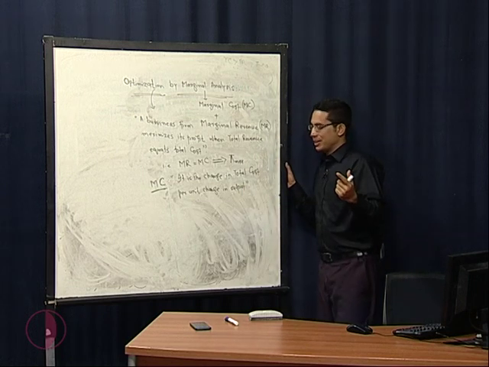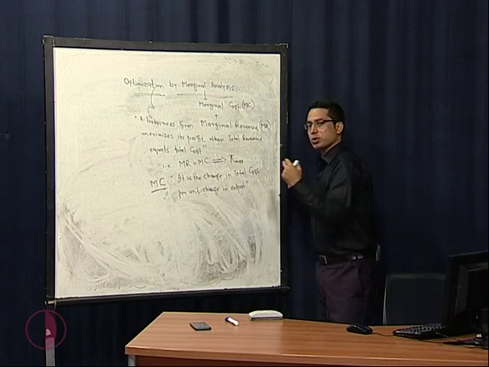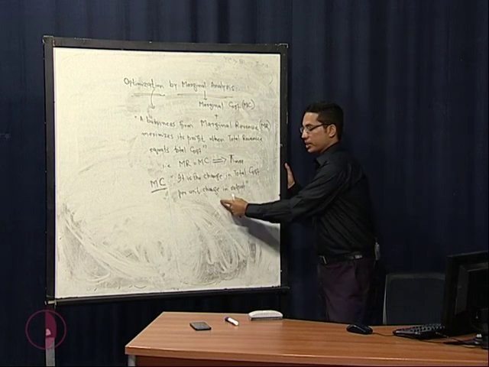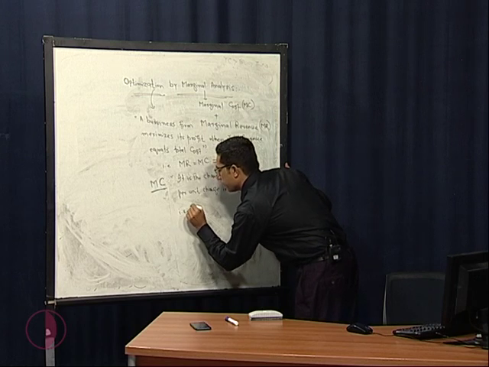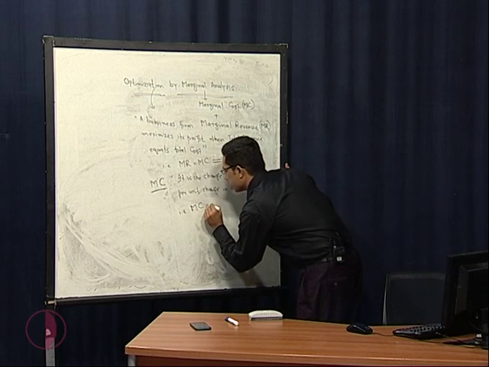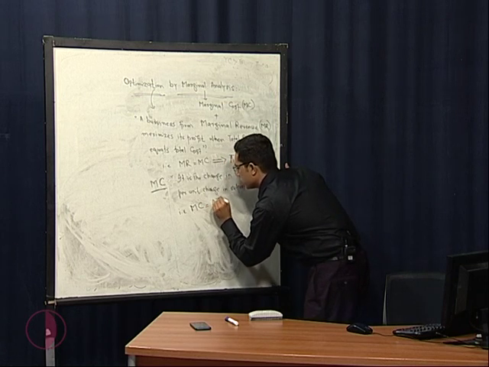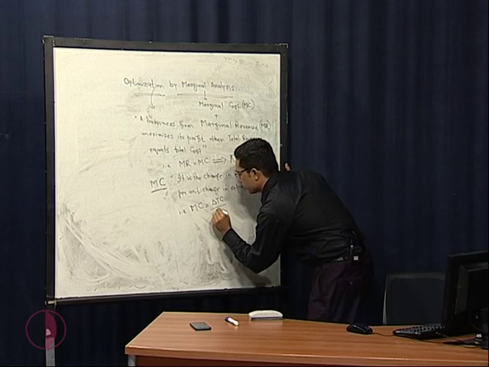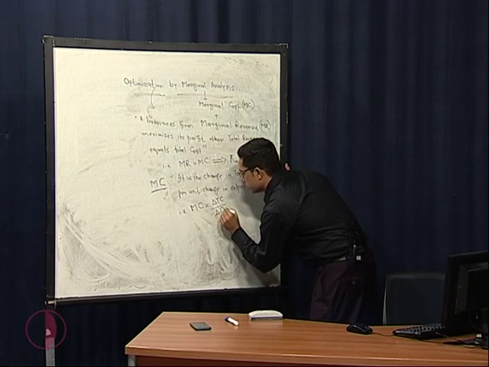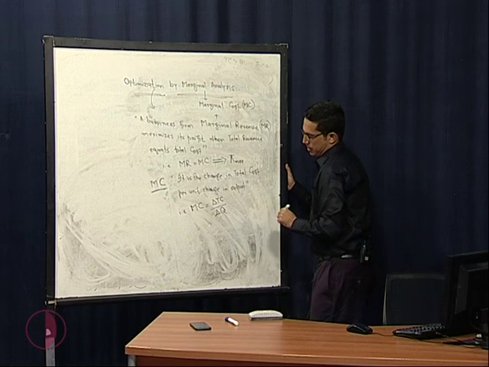We can also say that the change in total cost divided by the change in output, that is, marginal cost is equal to change in total cost divided by change in output.